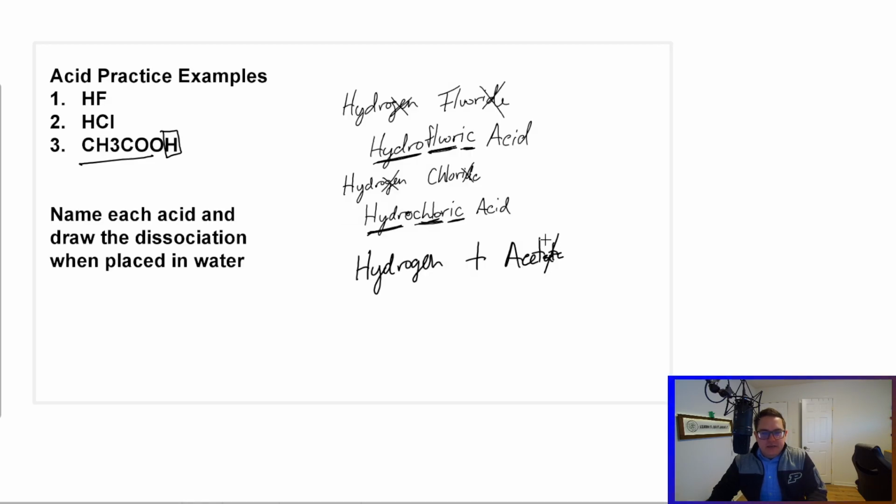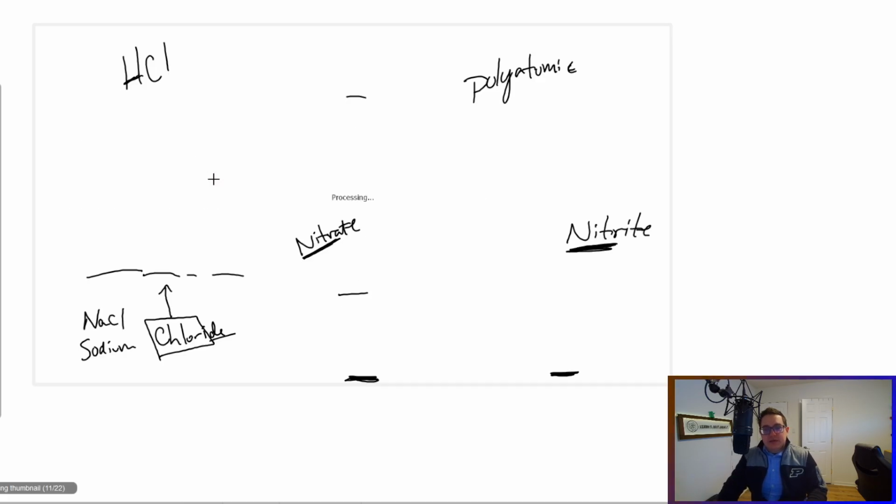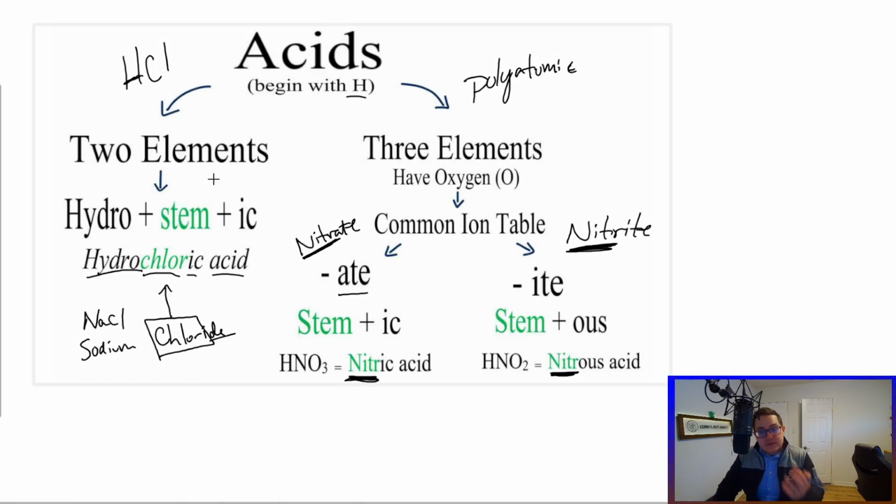So acetate, we remove, and we have acetic acid. Notice there's no hydro. That's because this is a polyatomic ion acid. Since we have multiple things, when we have three elements, we don't put the hydro in front.